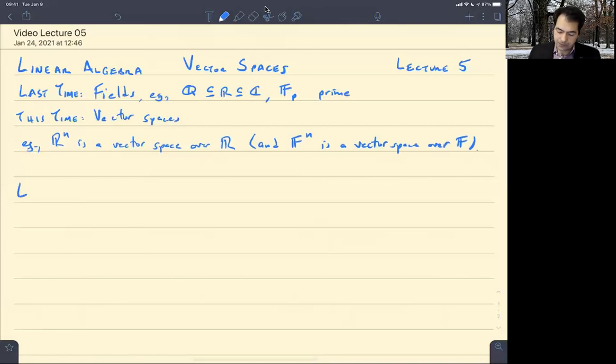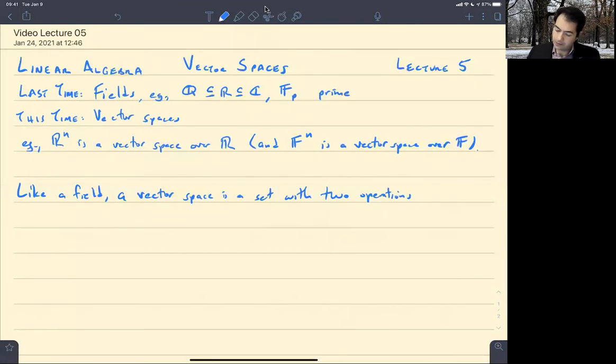Okay, so first let me say, so you know what to expect, like a field, a vector space is a set with two operations. But here, those are vector addition and scalar multiplication.